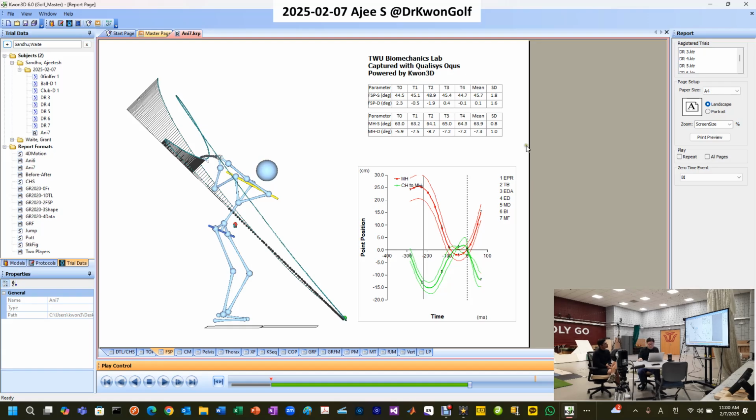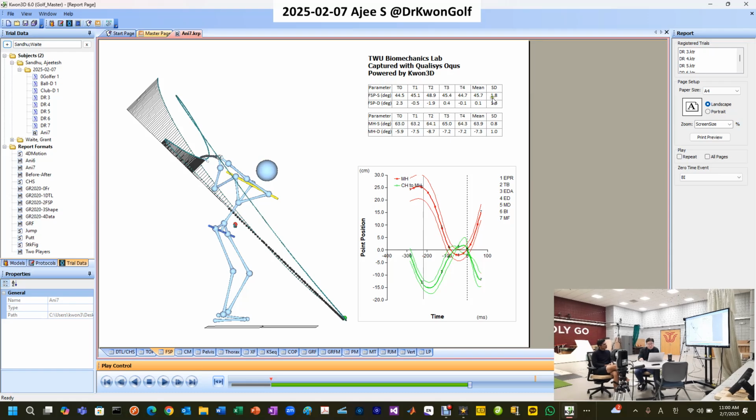If you can keep the club more parallel to the swing plane, about here, that'll be easier to maintain consistency. But because you are intentionally dropping, depending on how much you drop from trial to trial, the slope of the swing plane will change. This 1.8 degrees standard deviation is relatively large compared to typical professional players.